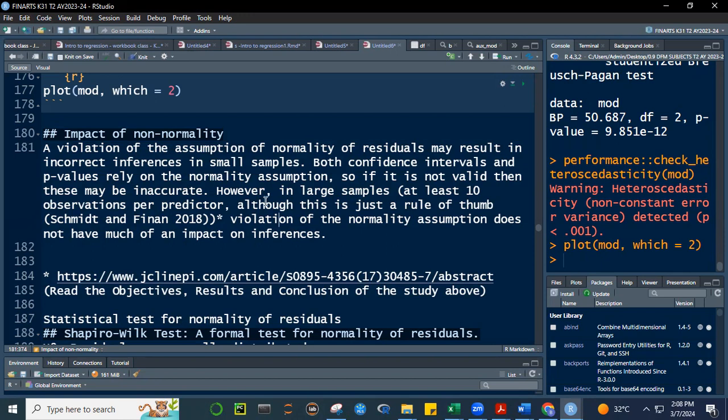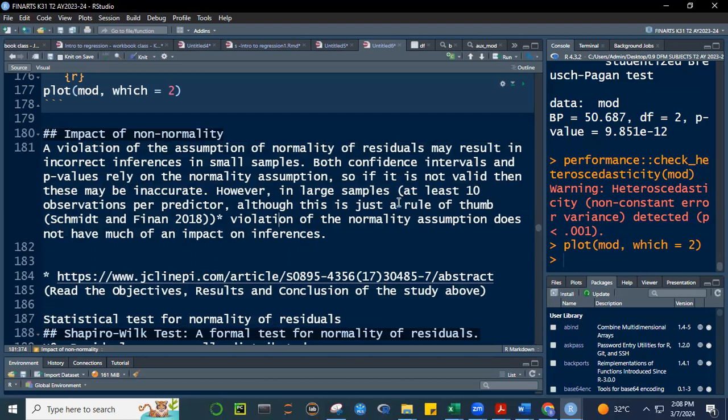Okay? However, class, ito yung caveat natin. In large samples, at least 10 observations per predictor. So kunyari, if we have 7 predictors times 10, so dapat 70. So dapat at least 70 yung observations natin.